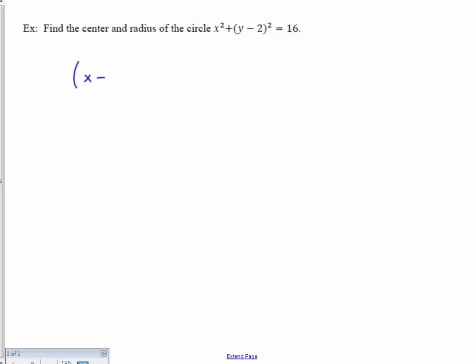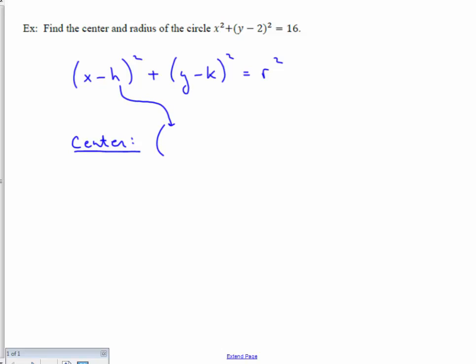It's (x minus h) squared plus (y minus k) squared equals r squared. When asked to find the center of a circle that's in this particular form, we simply take the h and the k value from the problem above.